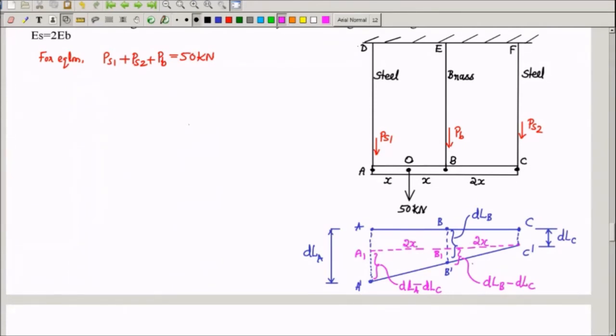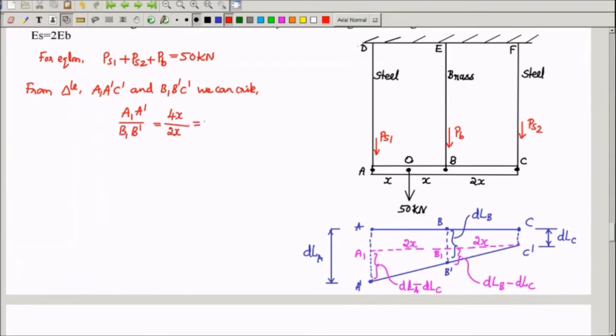Now you consider the triangles: A dash, A1, C dash is one triangle, and B1, B dash, C dash is the other triangle. They are similar triangles. When you have similar triangles, the ratio of sides can be equated. From triangle A dash, A1, C dash and B1, B dash, C dash, we can write the ratio of sides A1A dash divided by B1B dash as 4x divided by 2x.